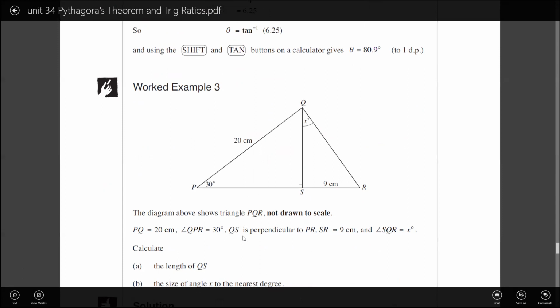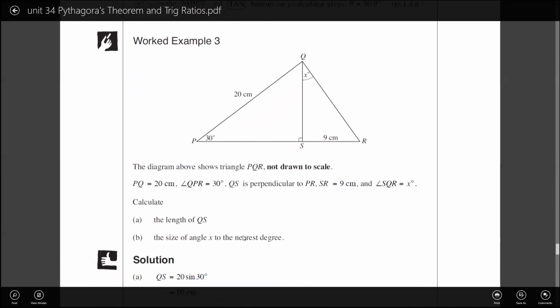Here's another question. In this question, they're asking you to find the length of QS, which is here to here, and they're asking you to find the size of the angle X, which is here. Again, you apply your trig ratios.